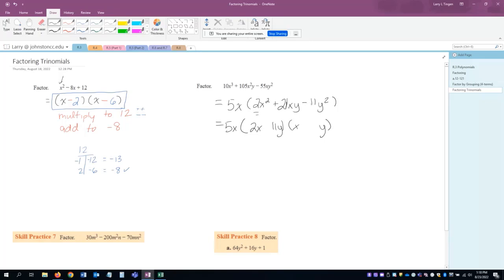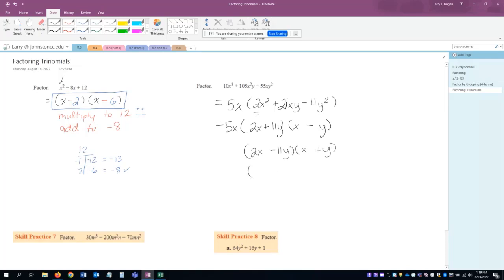I've just got to figure out which arrangement I have. So what are all the possible arrangements? Well, I know I'm multiplying to a negative, so I could have plus minus, or I could be looking at minus plus.